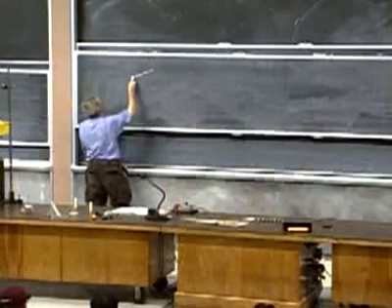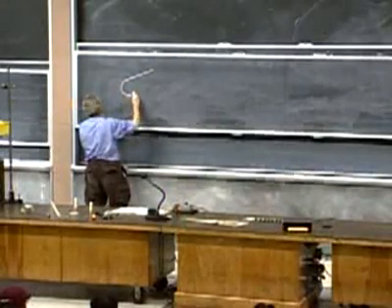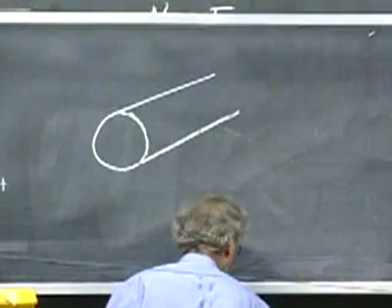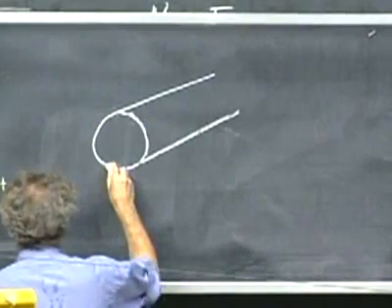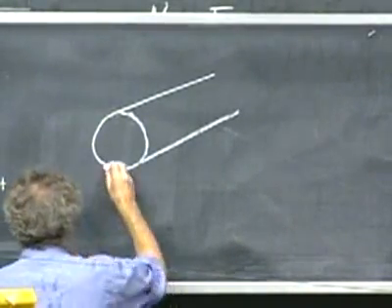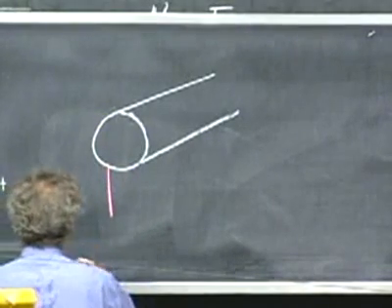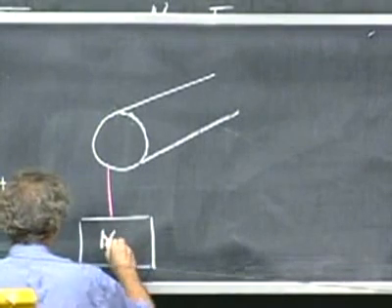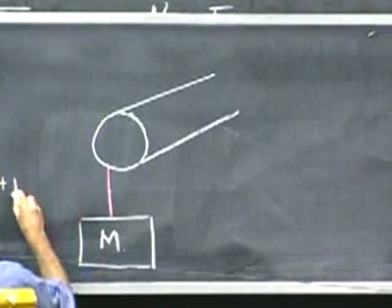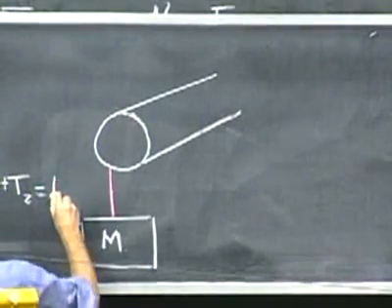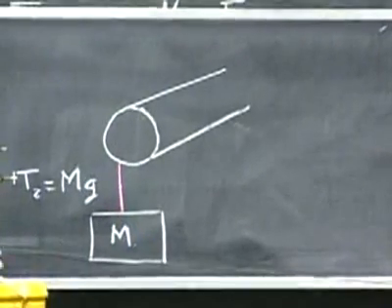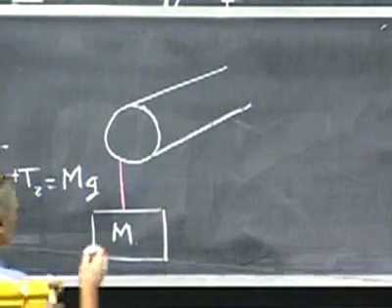Here is this rod. It doesn't have to be horizontal as this one. And I hang on this side of the rod, I hang with a string, a very massive object. Capital M. So the tension here, T2, would be mg, assuming that it is not accelerated, that it is at rest.